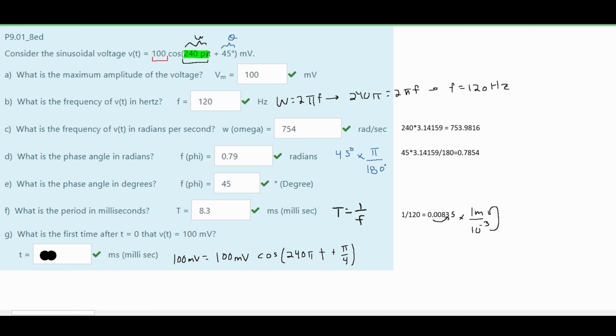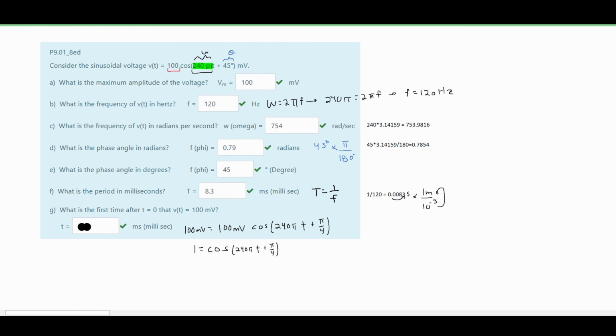If we cancel some things out, we get 1 is equal to cosine of everything inside of it. So everything inside our cosine has to equal something for which the cosine is 1. The places where cosine is equal to 1 are at 0 and at 2 pi.